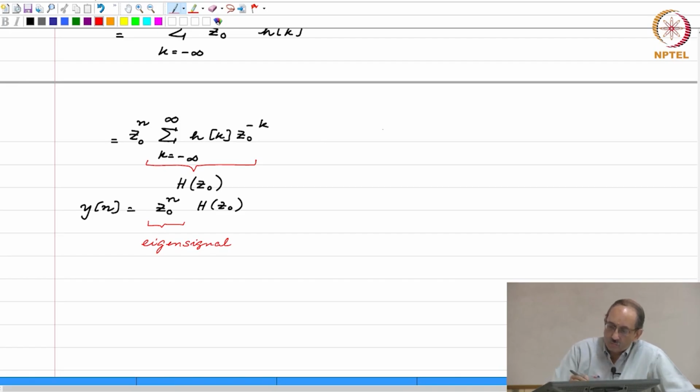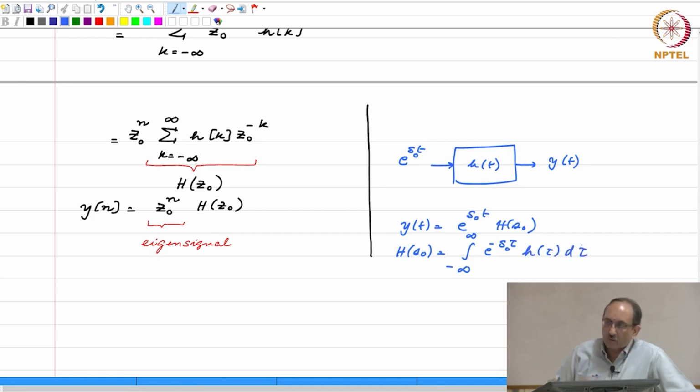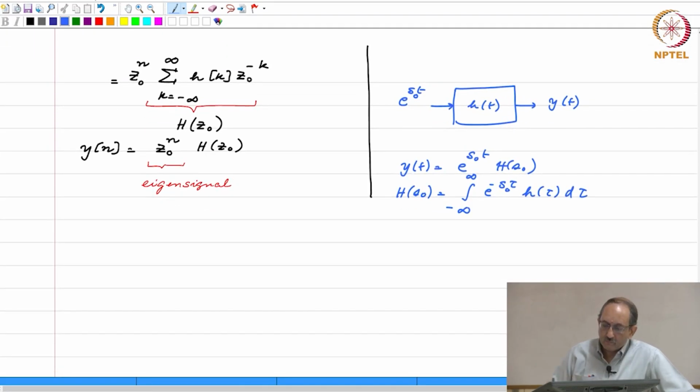Just to show the parallel here, if you have e to the s naught t, and if you apply this, you will see that y of t is e to the s naught t times H of s naught, and H of s naught is nothing but minus infinity to plus infinity e to the minus s naught tau h of tau d tau. And this is the bilateral Laplace transform.